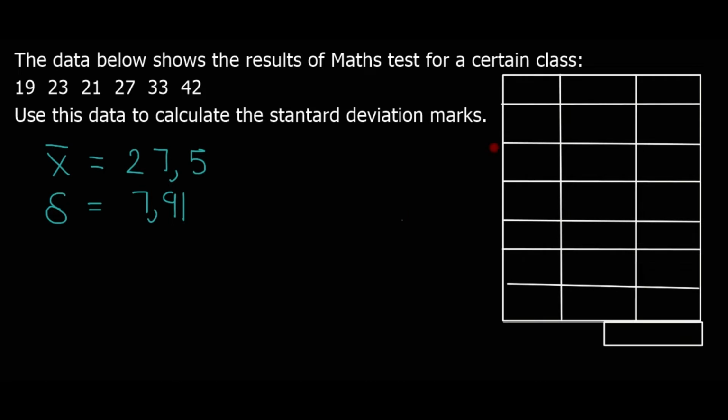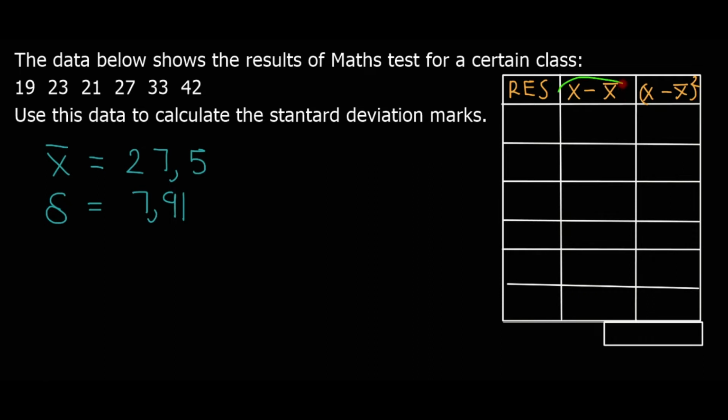On this table, normally the results give this data, and then x minus x bar. This x is the data 19, 23, 21, 27, 33 and 42, and this one is our mean. And then on this option, normally x minus x bar, all squared.